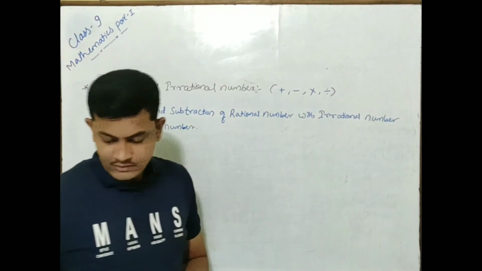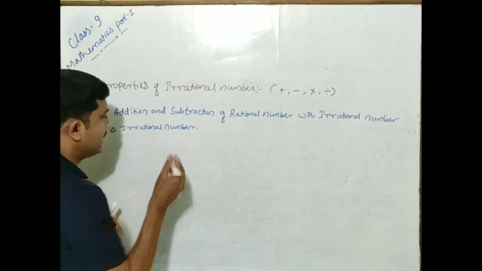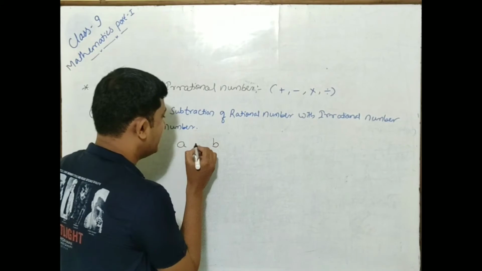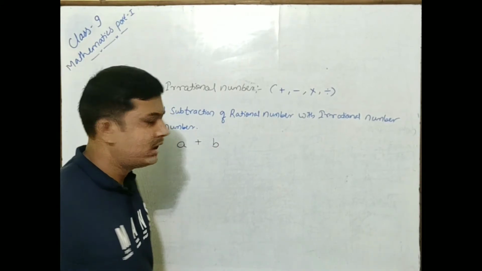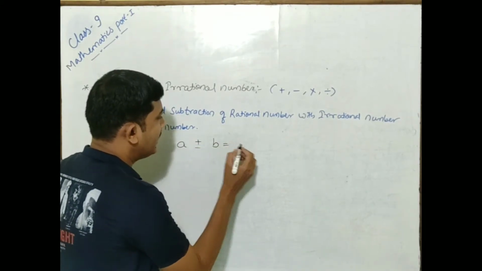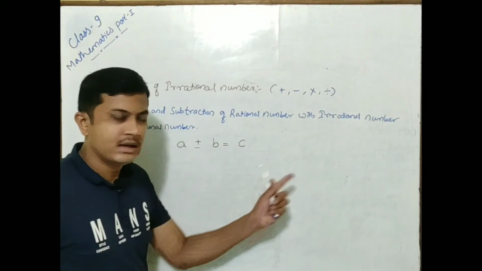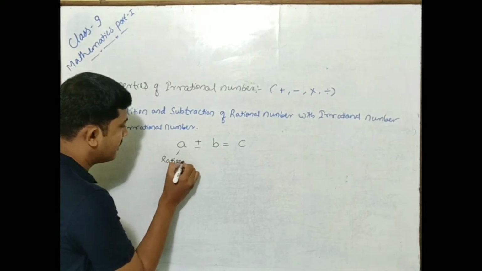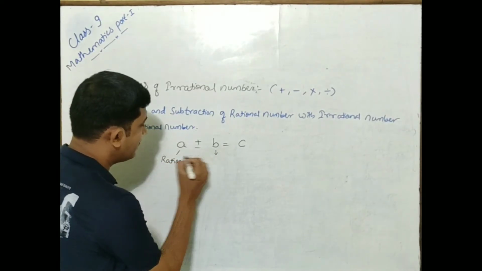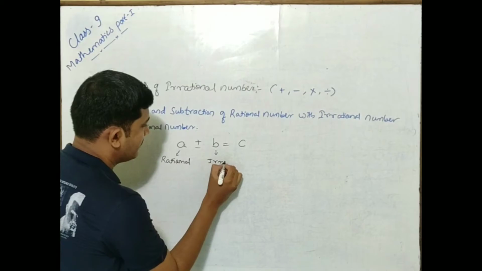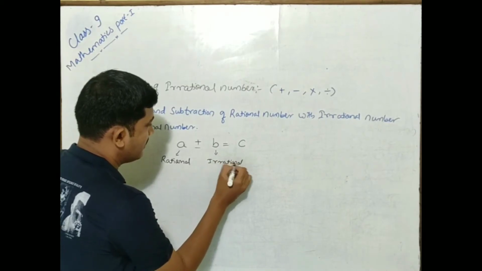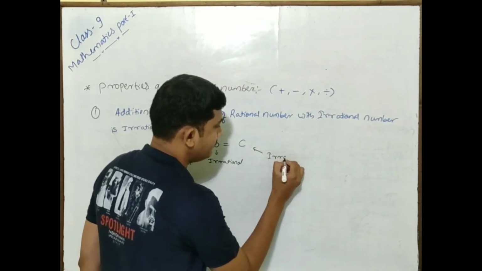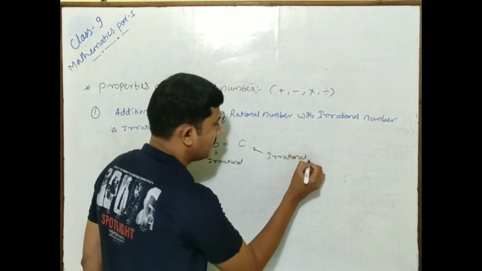If we consider the first number A as a rational number and B as an irrational number, and we carry out the operation of addition or subtraction, we get C, which is again an irrational number. That is, rational number plus irrational number, we get the answer as an irrational number.